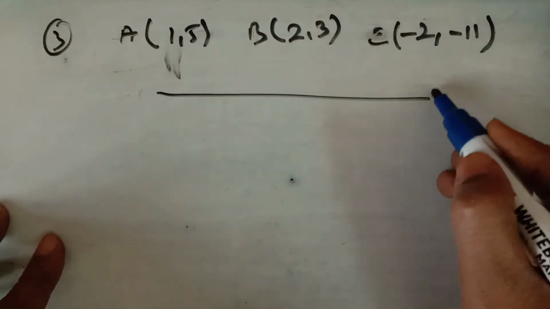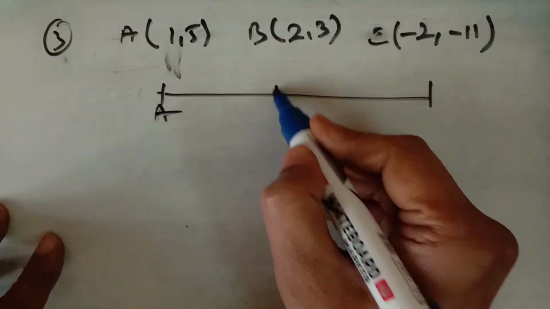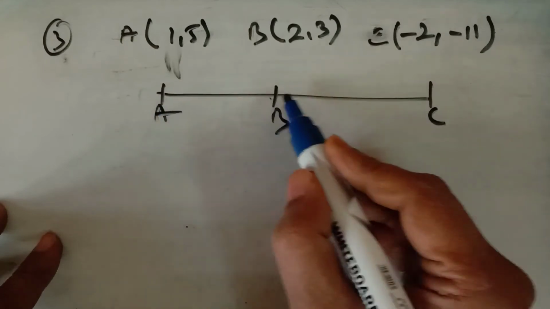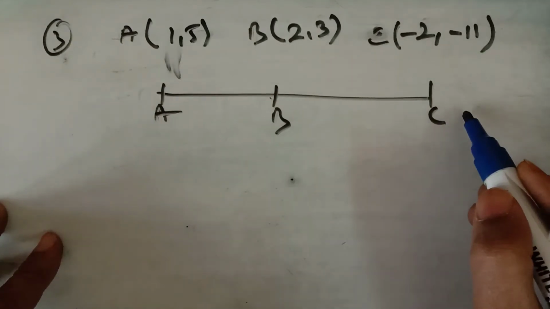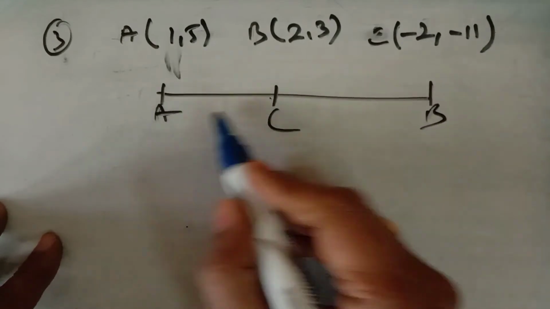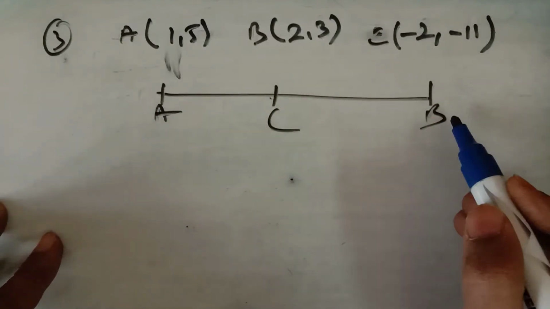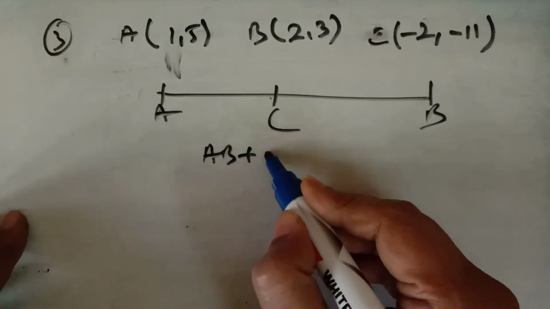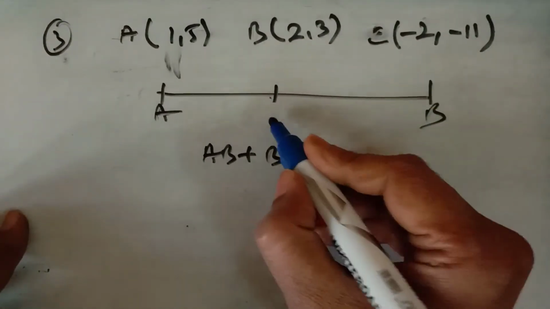If I denote by the diagram, let us say these are the 3 points, A, B and C. If the sum AB plus BC is equal to AC comes out to be true, then we can say that the points are collinear.